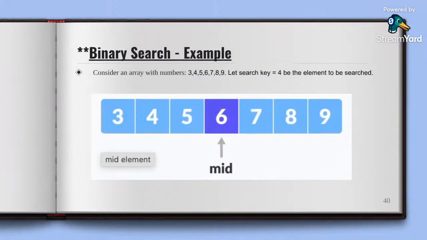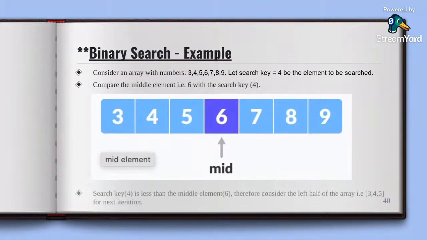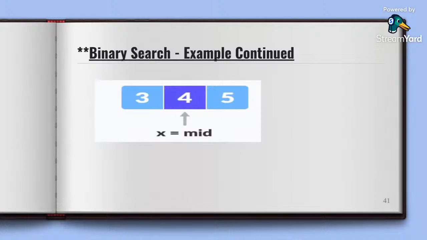Okay, so consider an array with numbers. Let the search key be 4, the element to be searched. Search key 4 is less than the middle element, therefore consider the left. So reduce this array into the left half and consider 3, 4, 5 for the next iteration.